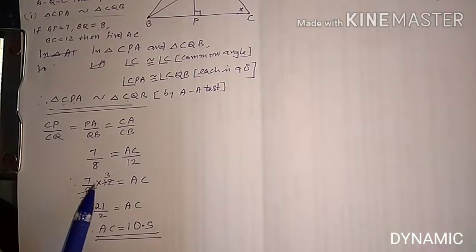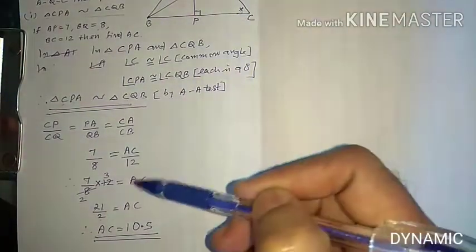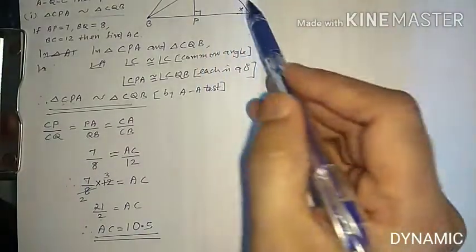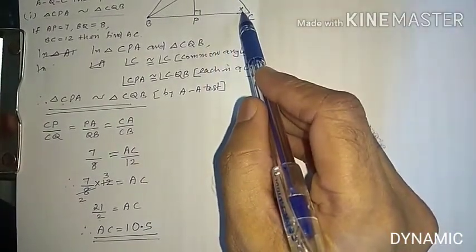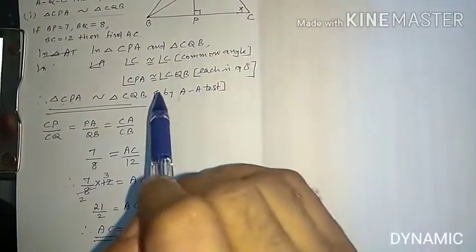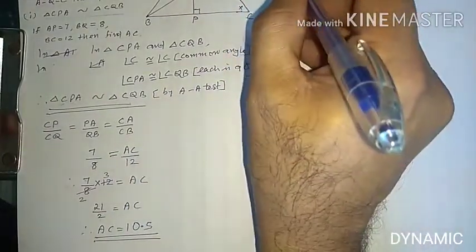Now the numerator becomes 7 threes are 21, upon the denominator 2, equal to AC. Therefore AC is equal to 21 upon 2, which is equal to 10.5. This is question number 4. Now practice it. It is easy. Only thing you have to recognize is the angle common to both the triangles. Now we do question number 6.